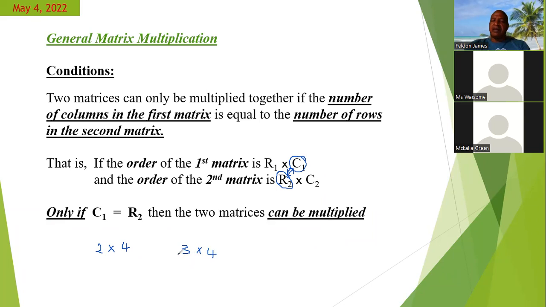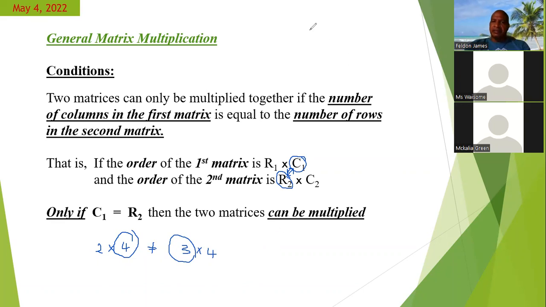The second matrix has 3 rows and 4 columns. Based on the condition, the number of columns in the first must be equal to the number of rows in the second. If these two values are not the same, you can't multiply. So 4 does not equal 3, and because the 4 and the 3 are not equal, we can't multiply these matrices.